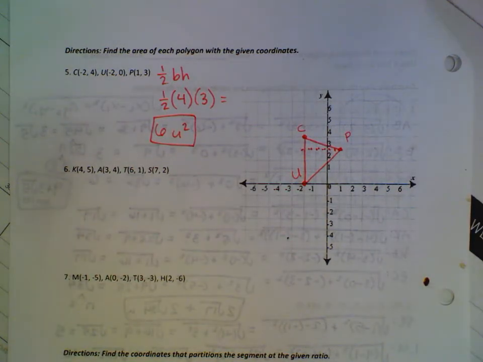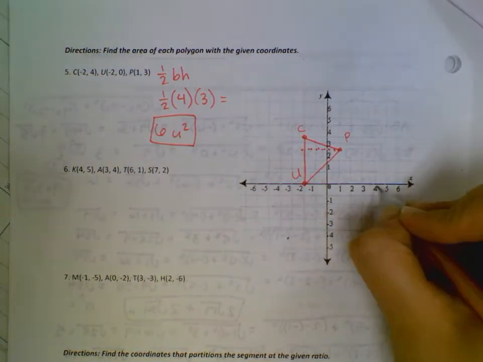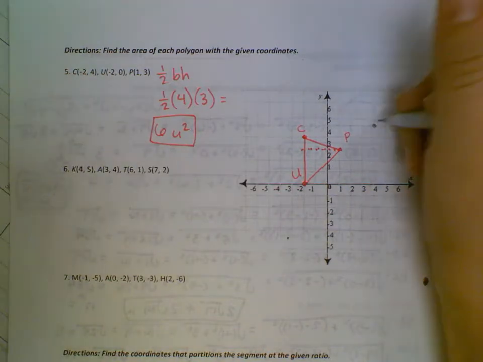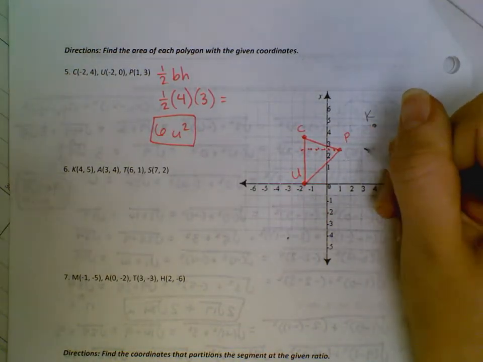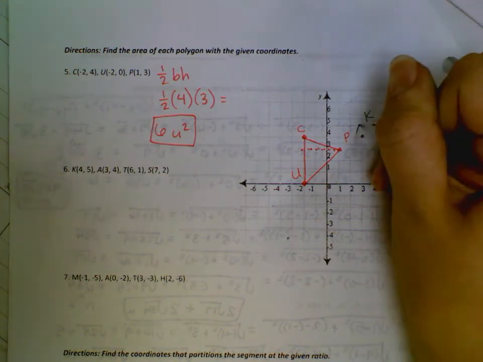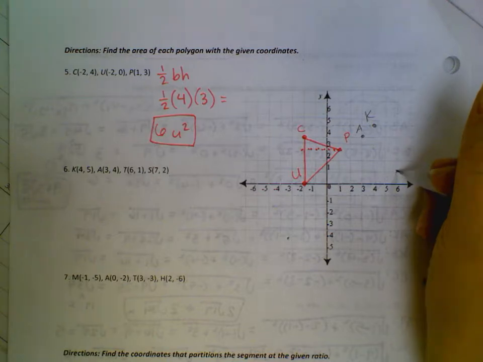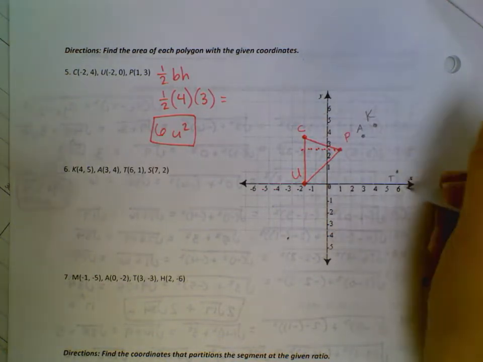Then if I'm trying to do cats, K will be at 4, 5. 1, 2, 3, 4, 5. A will be at 3, 4. T is at 6, 1. And S is at 7, 2.